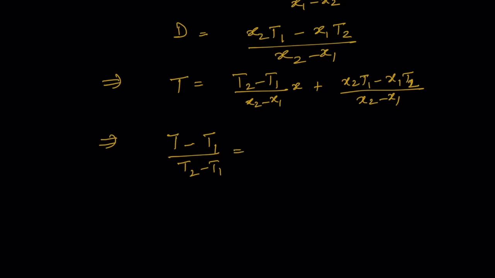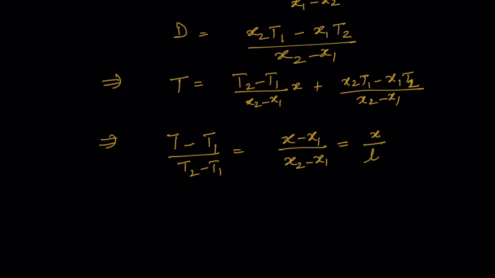You can do some algebra, you can write like this: x minus x1 divided by x2 minus x1. So x2 minus x1, you can say L, length or width of the wall. Okay, and this is x, at a distance x from the origin.